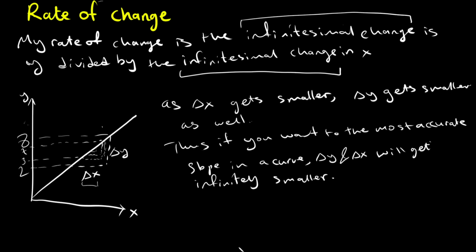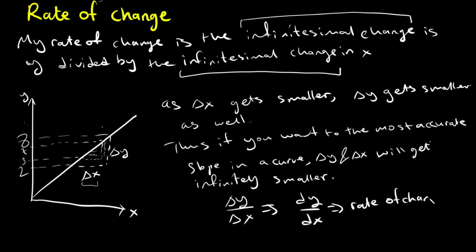So this is why instead of writing delta y divided by delta x for the slope, we're going to be writing dy divided by dx. This is called the rate of change, right?